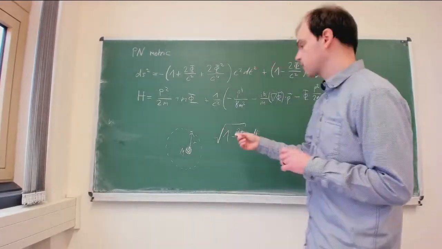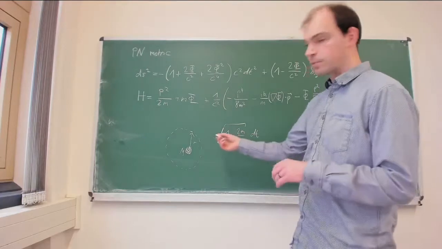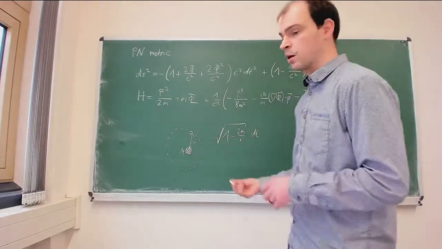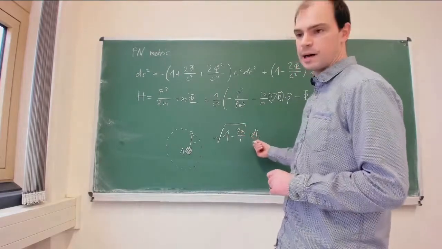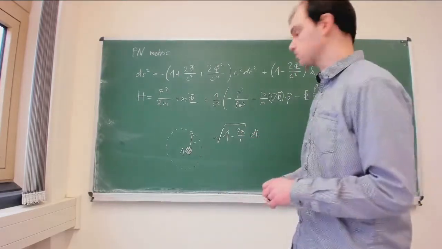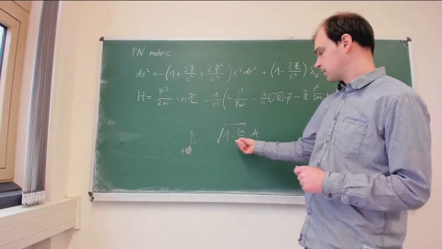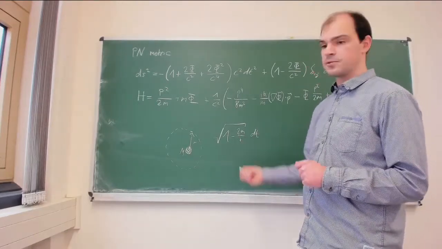So you see that for such a shell observer, what the shell observer reads on his clock is not the same as the time coordinate in the Schwarzschild metric. It only becomes the same if this radius goes to infinity.